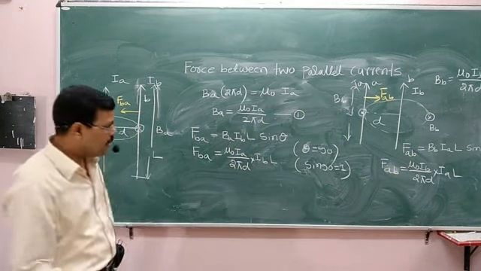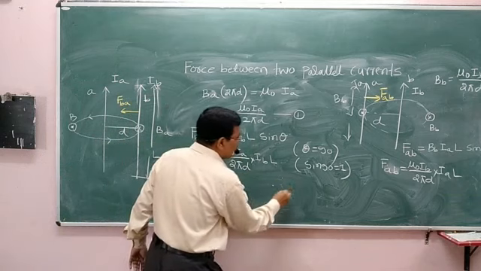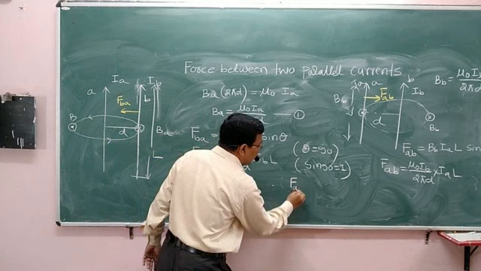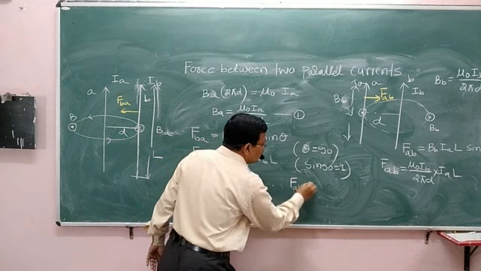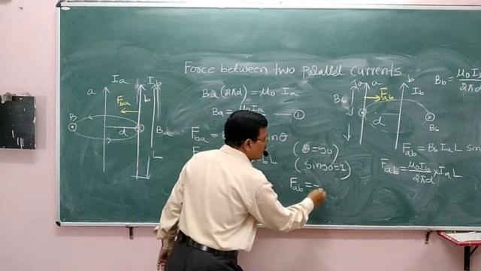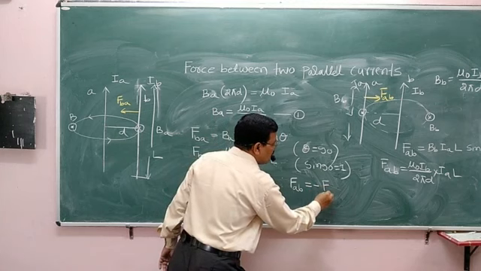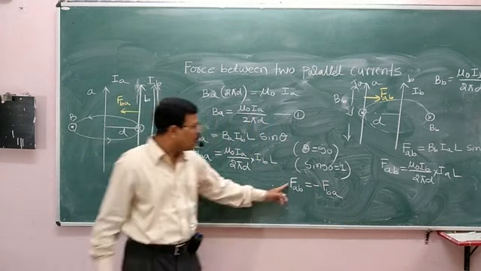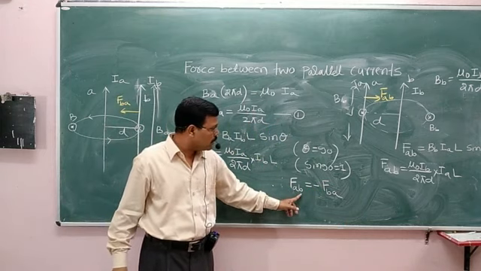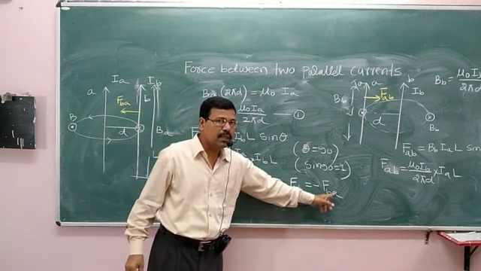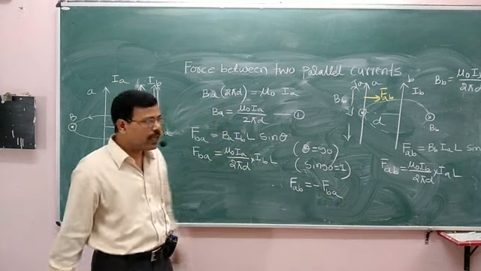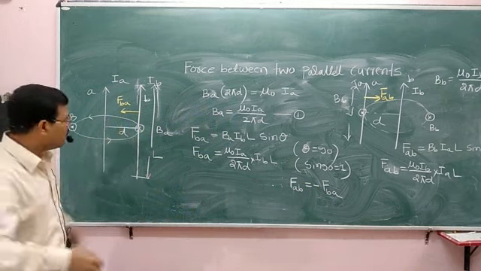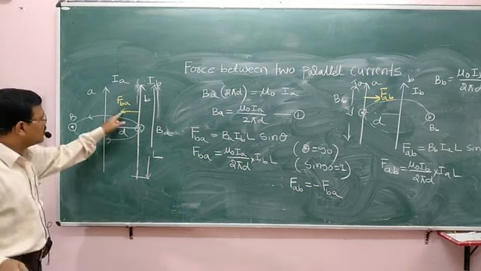So together we can write that force acting on A by B is equal to minus force acting on B by A. This is force acting on A due to B. This is force acting on B due to A. They are equal and opposite. They are just in the opposite direction like this.